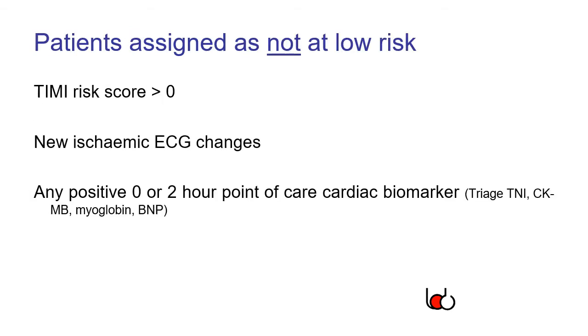Patients were assigned as not at low risk if their TIMI risk score was greater than 0. This is a pretest probability score. They were also not at low risk if there were new ischemic ECG changes, or if there were positive biomarkers at 0 or 2 hours on the point-of-care device.